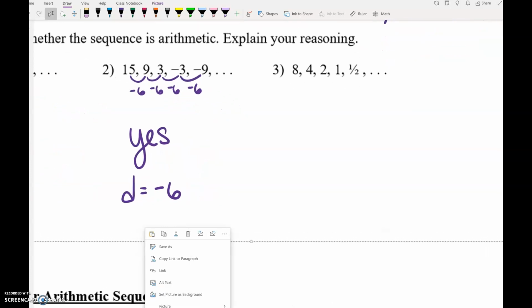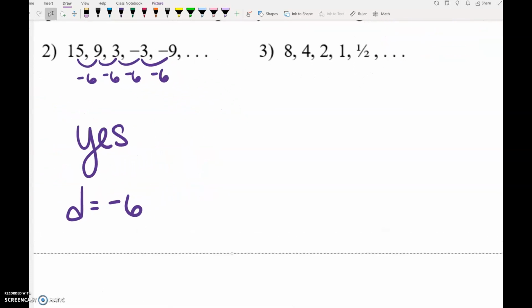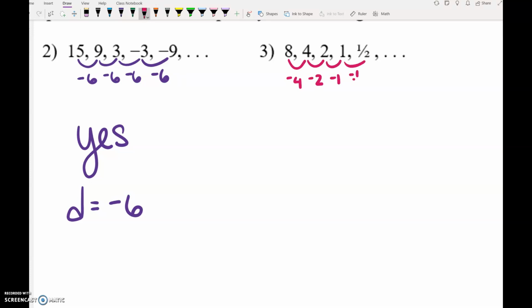All right, number 3, you can probably glance at this and give an answer for whether you think it's arithmetic or not. What do you think? Why not? Well, if we go from 1 to 1/2, that's, yeah. But if we really look at this, from 8 to 4, we're subtracting 4, then we're subtracting 2, then subtracting 1, then subtracting a half.